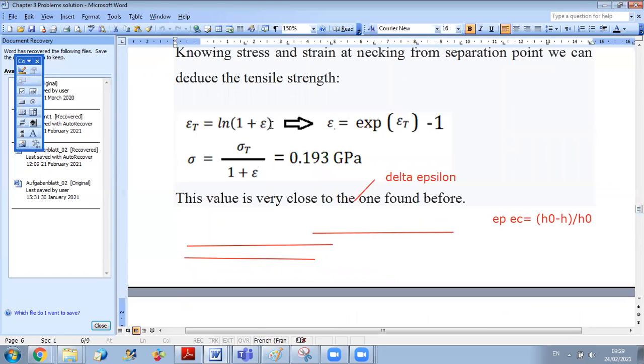Once you find epsilon engineering, you can calculate epsilon true. And sigma true is sigma engineering times 1 plus epsilon. So once we find epsilon engineering and sigma engineering, there's no need to calculate the actual area. We can go back to this relation to get the true values. And this is a second method.